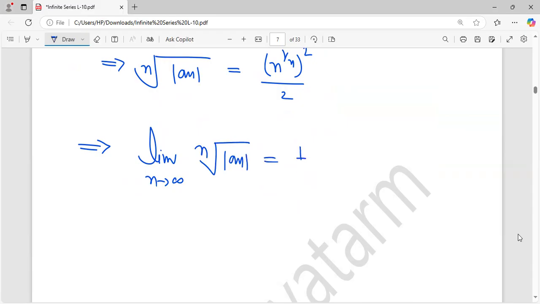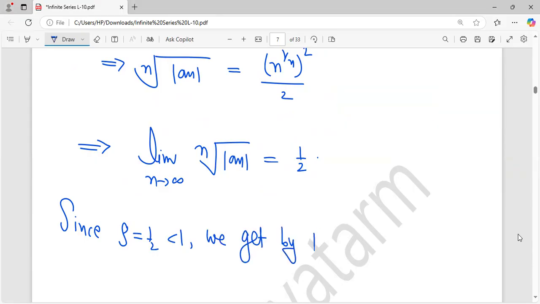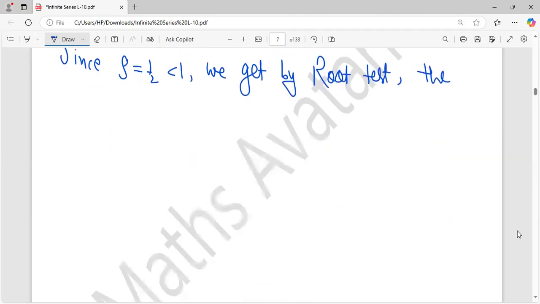That is also 1 by 2. Since rho is 1 by 2, that is less than 1, we get by the root test that the series is convergent.